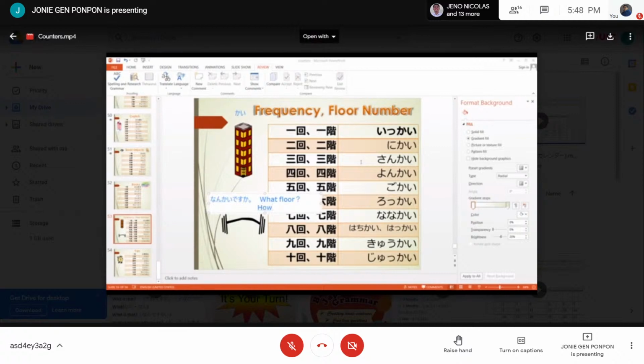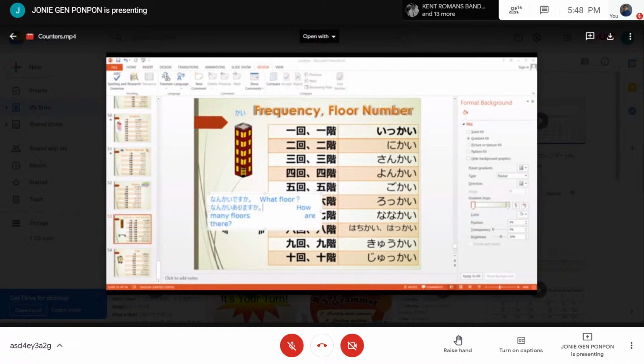Let's say, how many floors are there? You can ask, nankai arimasu ka?